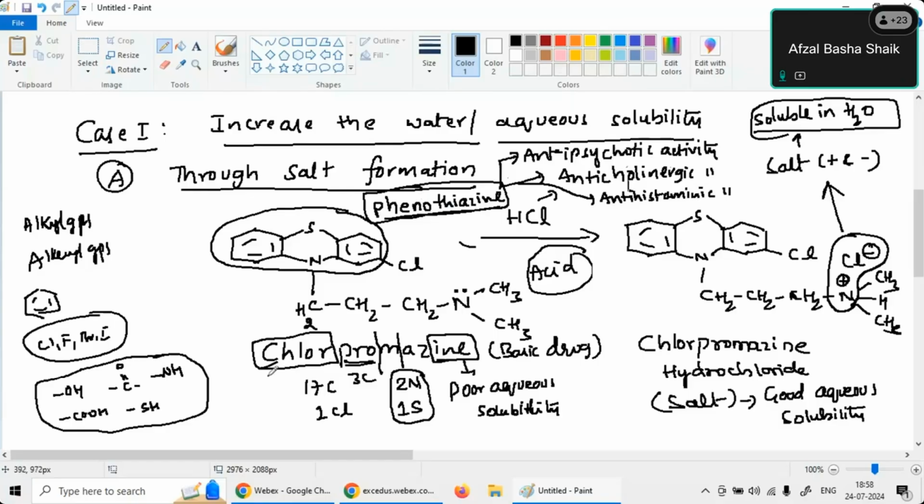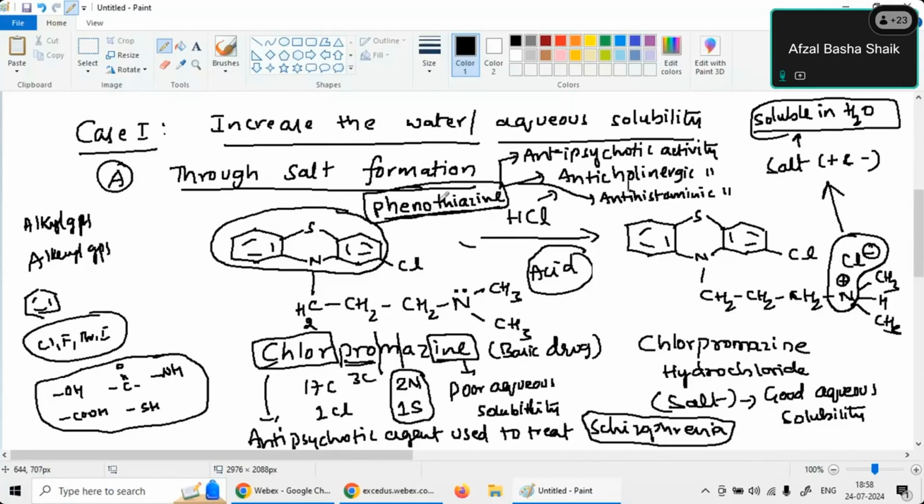Chlorpromazine is only an antipsychotic agent used to treat schizophrenia. Yes or no?